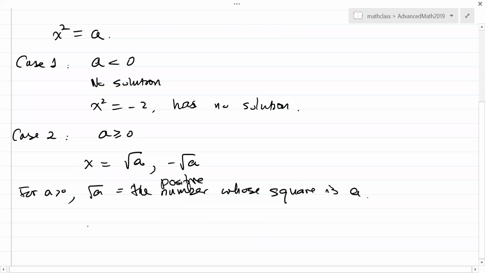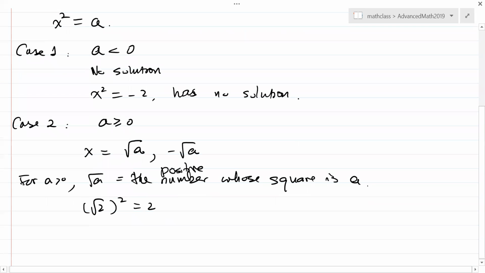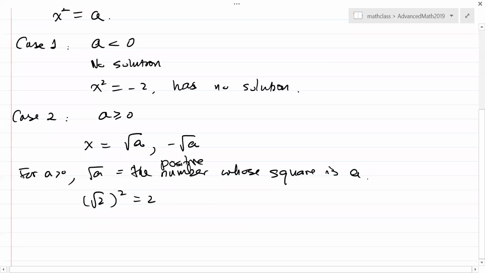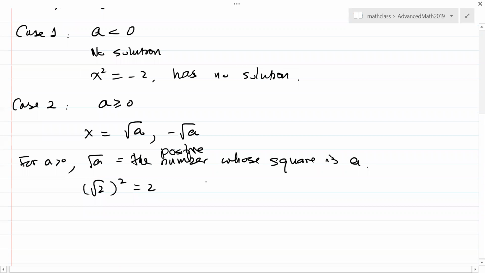For example, the square root of 2 is a positive number whose square is 2, right? We don't know the exact value, but some numbers have a geometric meaning. Take a unit square. The length of the diagonal is just square root 2. This comes from the Pythagorean theorem.